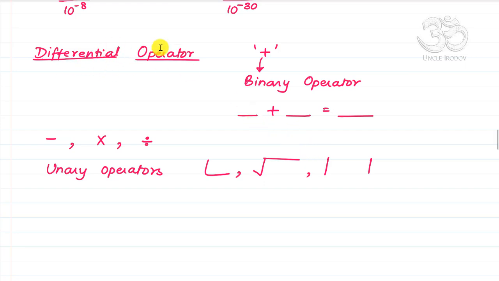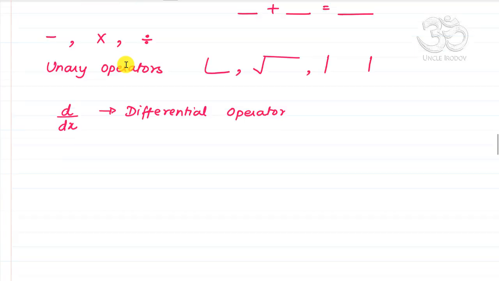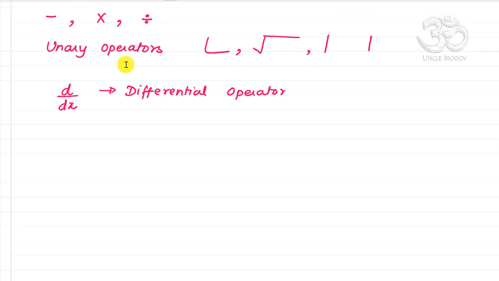Similarly, this will be an operator. So we have defined a new operator which we call the d by dx operator. This is called the differential operator. It operates upon functions.